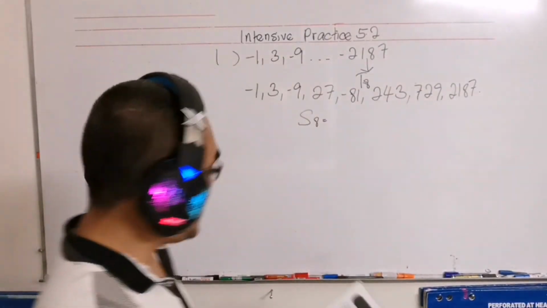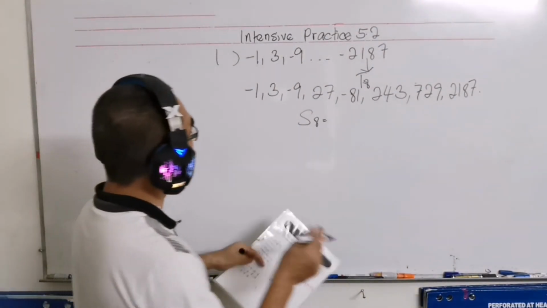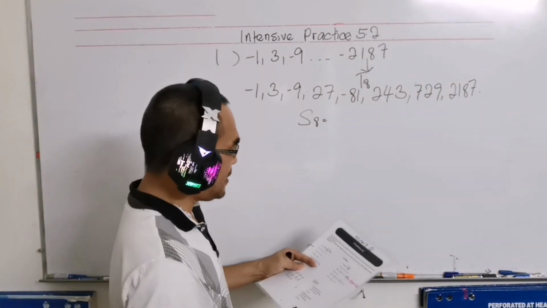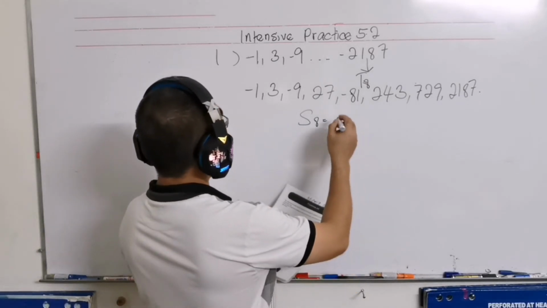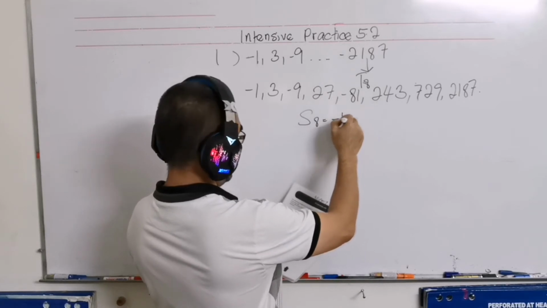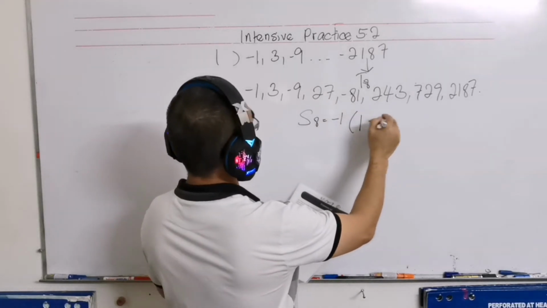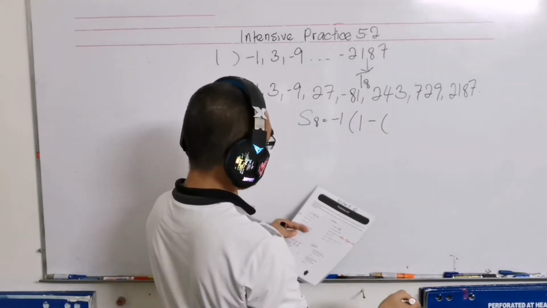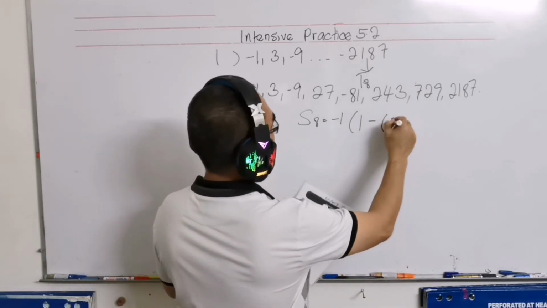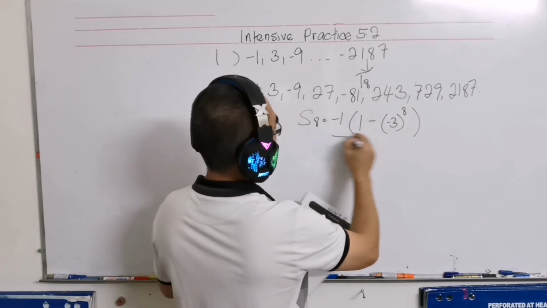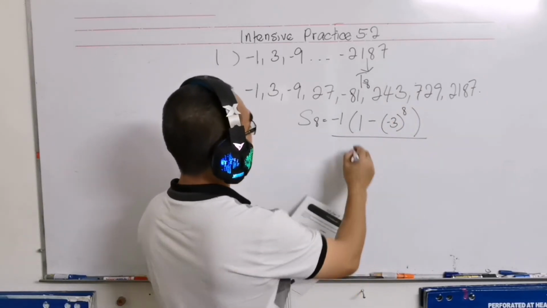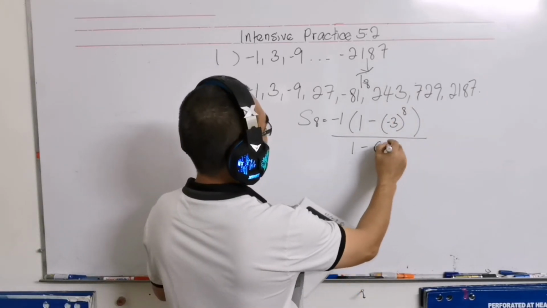So we need to know the sum of the first 8 terms. So the formula will be a, what's a? Negative 1, and then 1 minus the value of r, which is negative 3, to the power of 8, over 1 minus r.